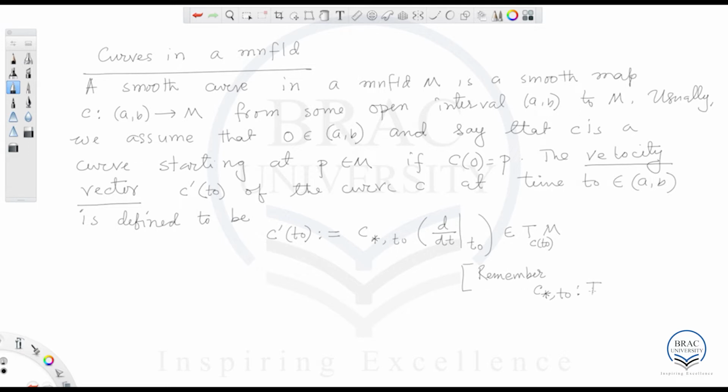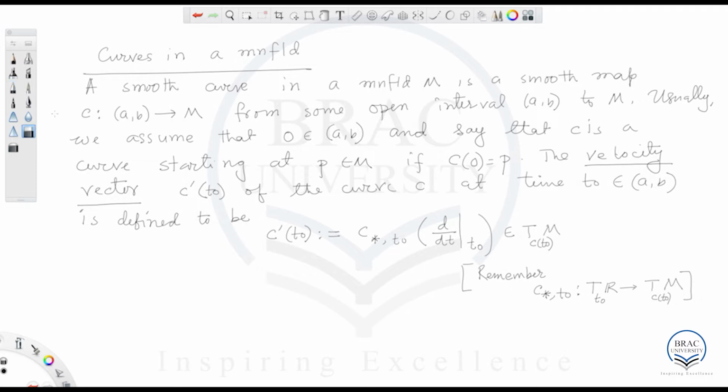The first one being the tangent space to R at the point t0 and the target tangent space being the tangent space to M at the point C of t0. Okay, so that's the definition of the velocity vector of a curve at a given time.